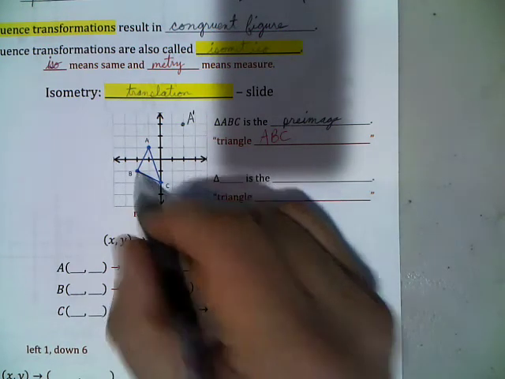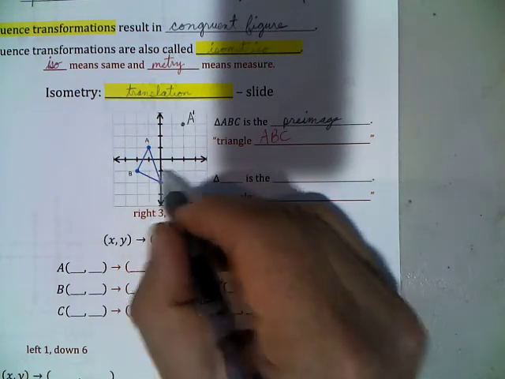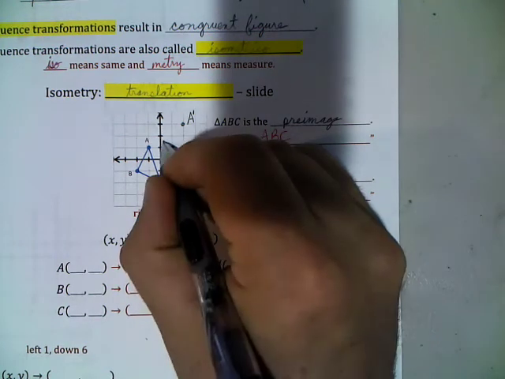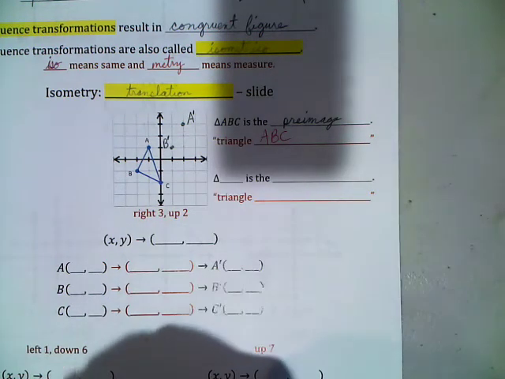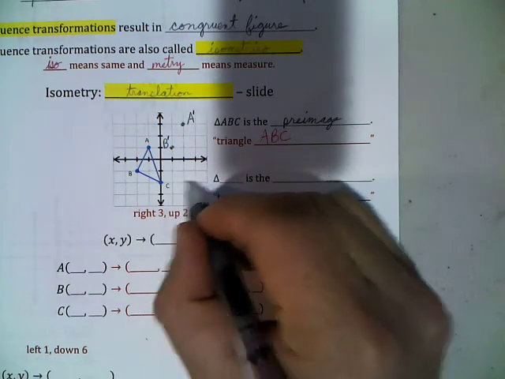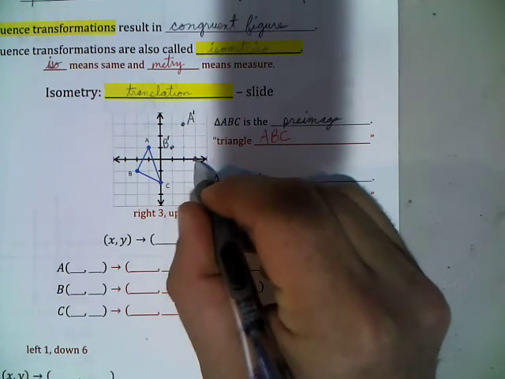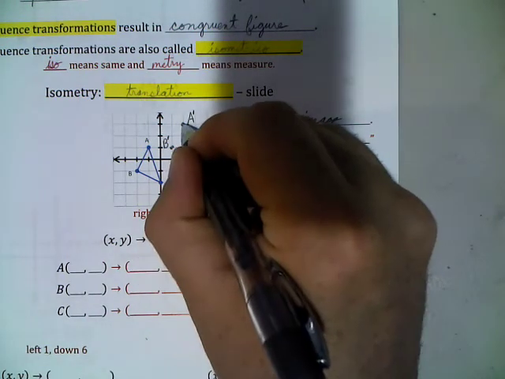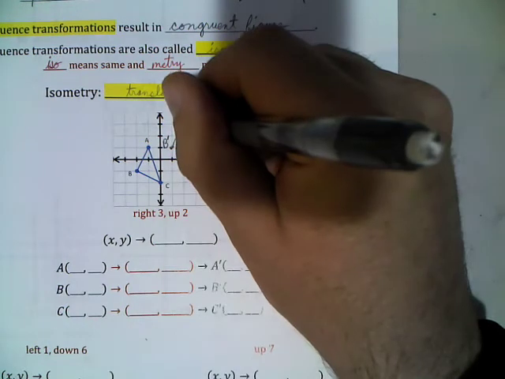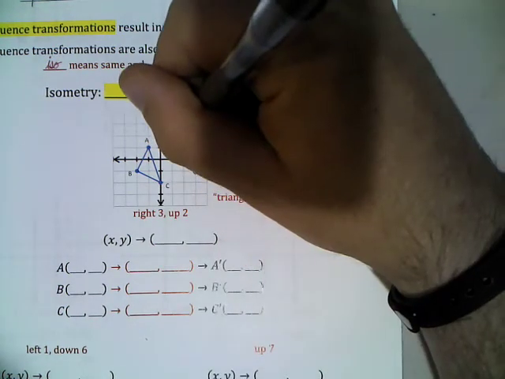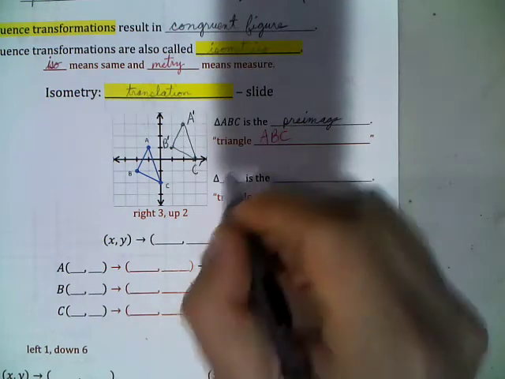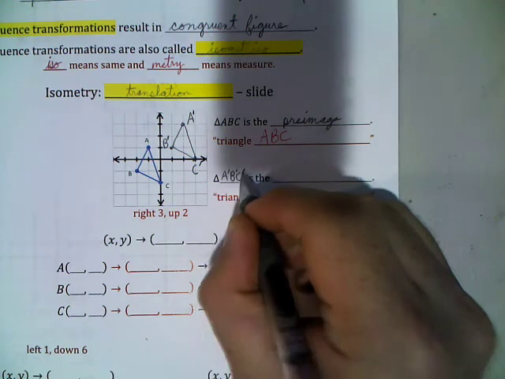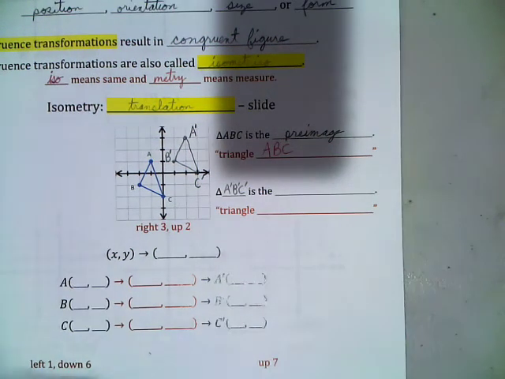So now if I take B and do what this says, so right 3, 1, 2, 3, and up 2, 1, 2, this is my new B. So this will be B prime. And then finally, 1, 2, 3 to the right, up 2. This would be C prime. And if I connect the dots, my new triangle would be written like that symbolically. So we'd have all those tick marks.